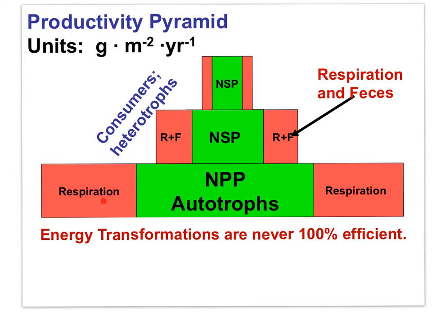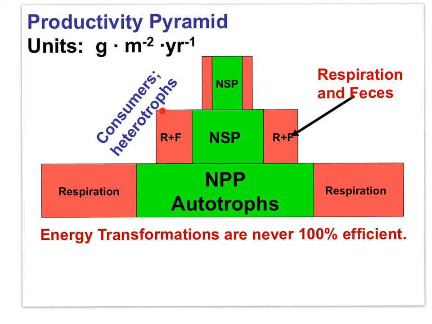Autotrophs use some energy for their own needs, respiration, labeled R here. This much organic chemical energy is left over after respiration. This is called net primary productivity. This is what's available to the next level up.